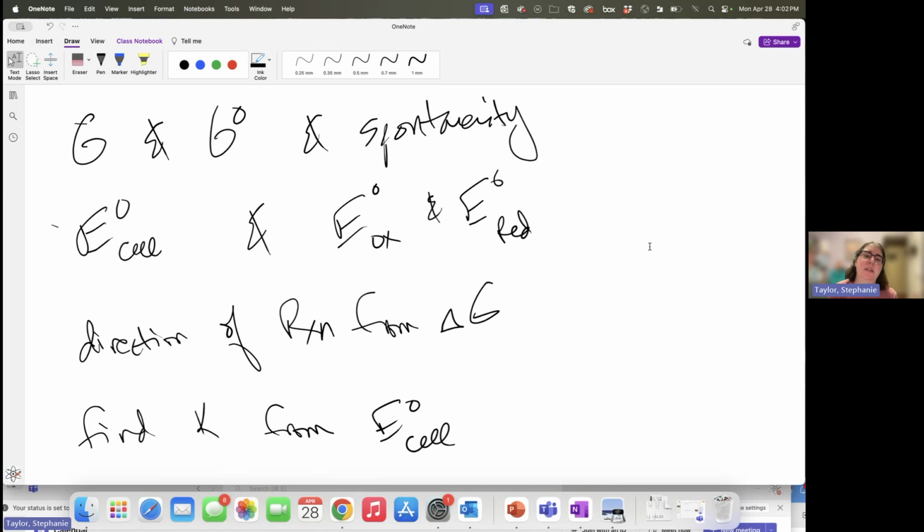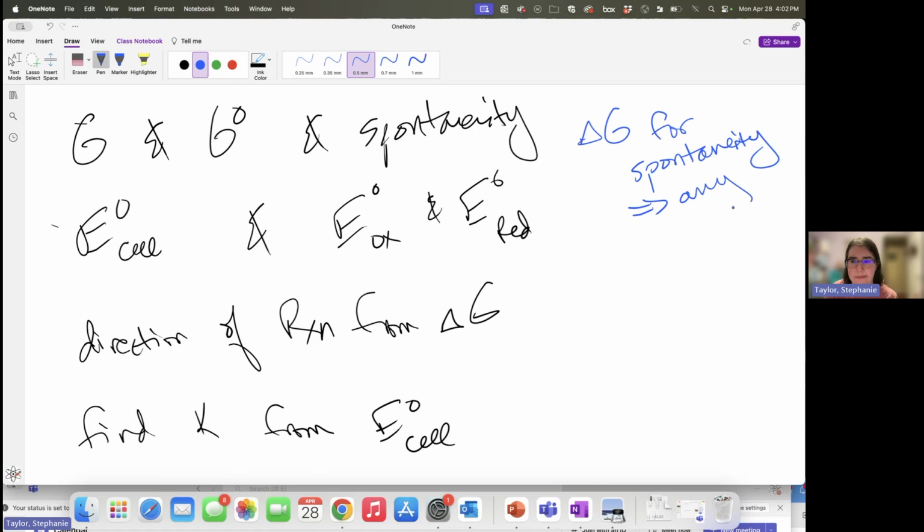When we're talking about delta G versus delta G standard and spontaneity, in general we have a tendency to talk about delta G for spontaneity because this way we can talk about this for essentially any condition. This is especially useful when we're trying to talk about something like, does an ice cube melt?